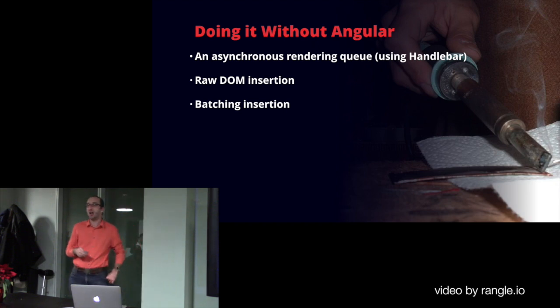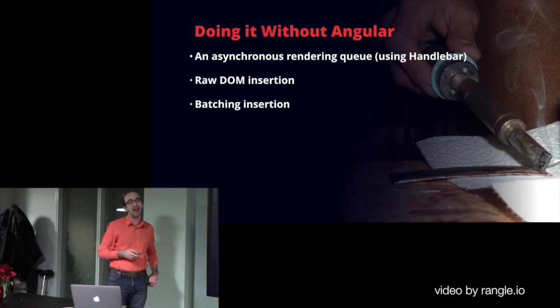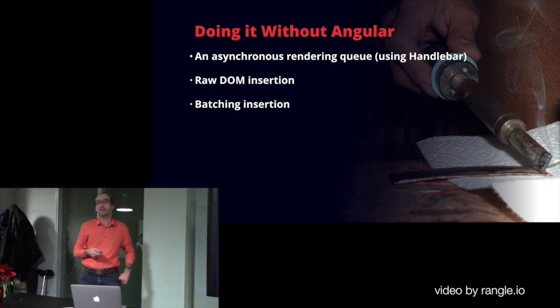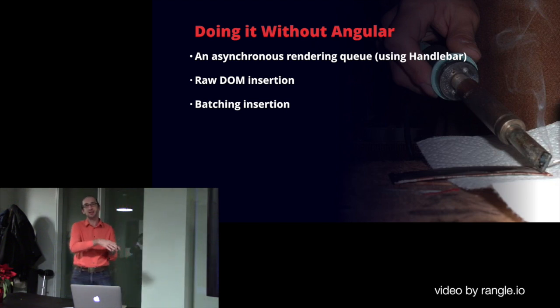If you add each item individually, your performance suffers. Instead, what seemed to work best is to add them in batches without making the batches too large. I think we ended up working with batches of about 10 items. So we would convert each item to HTML individually.